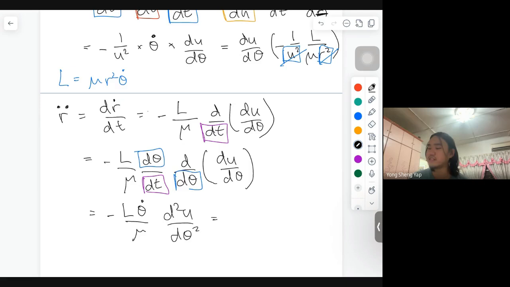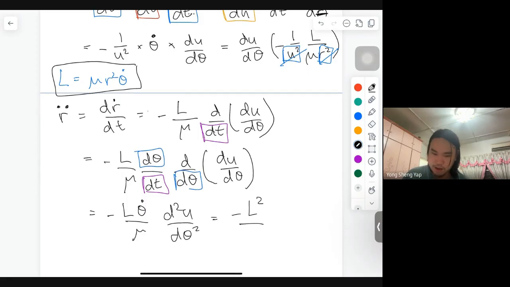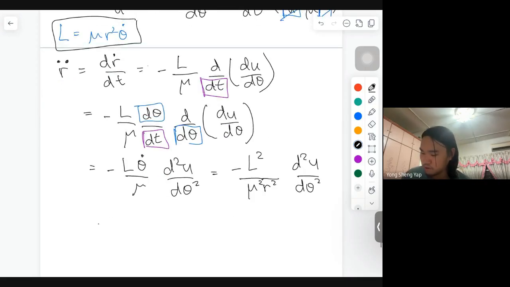And again, using that theta dot can be related to the angular momentum, this will be equal to negative L squared divided by mu squared r squared, d2u/d theta squared. Or in terms of u, this is negative L squared divided by mu squared, u squared d2u/d theta squared.